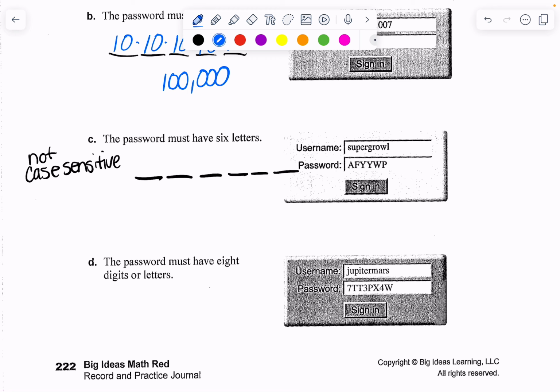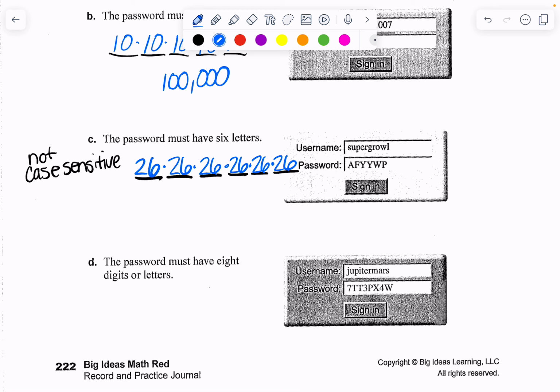So I'm going to have 26 possible outcomes for that first letter, 26 for the second, 26 for the third, 26 for the fourth, 26 for the fifth, and 26 for the sixth. Now I'm going to multiply these, and we're going to see how just using letters is going to change our number of possible outcomes.